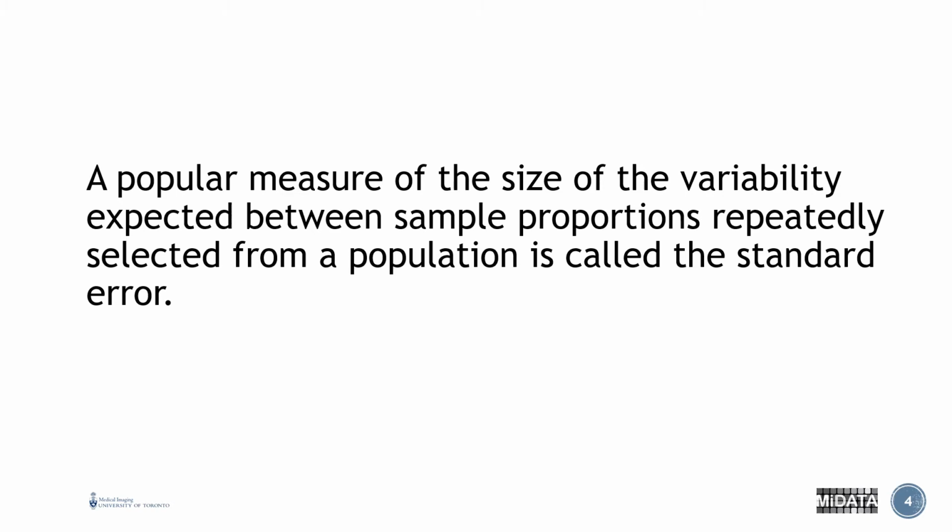That's the standard error. So if you were to repeat the test, or the sampling of your 10 patients, and measure the proportion again, what the standard error represents is the variability that you can expect between each of those samplings.